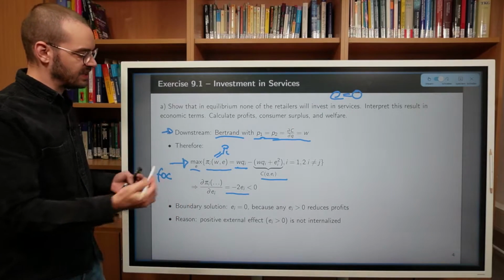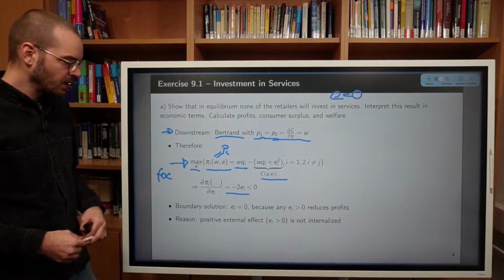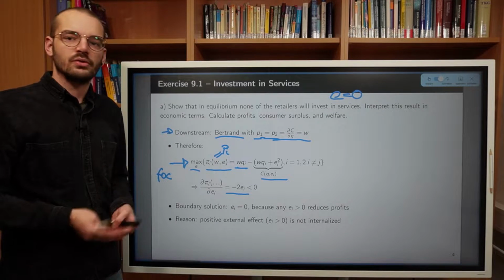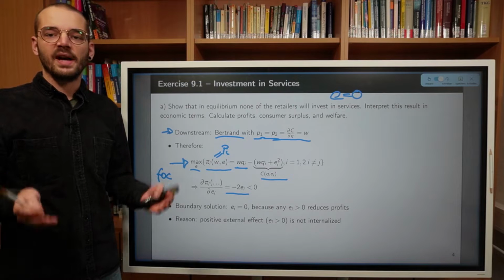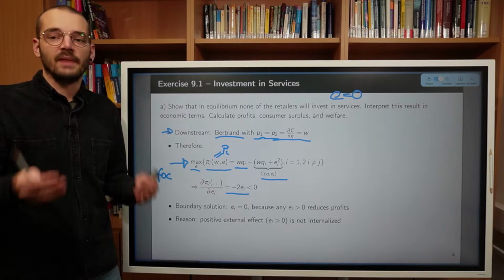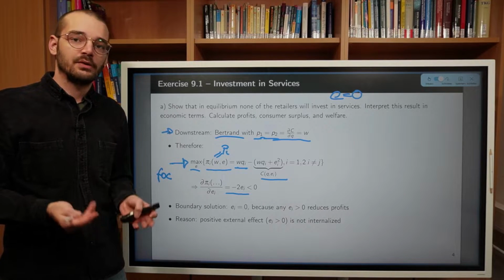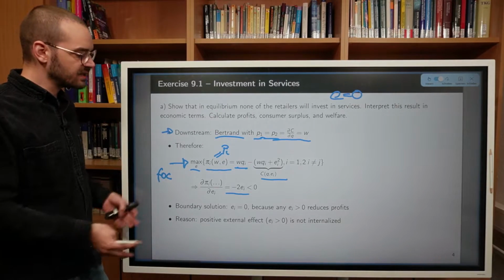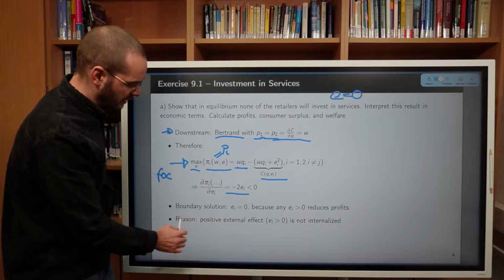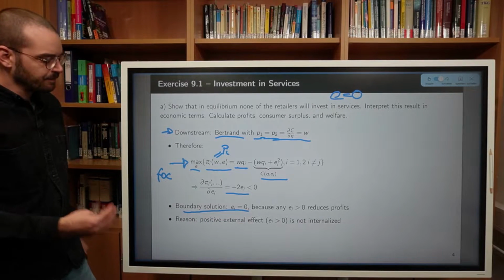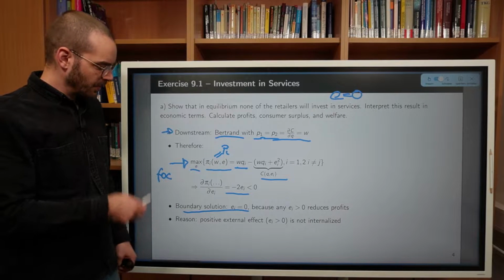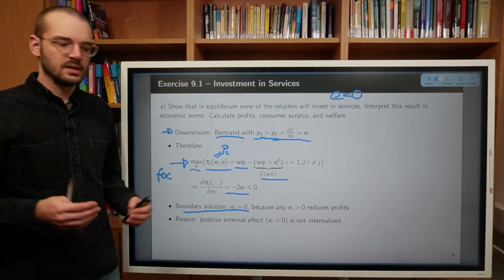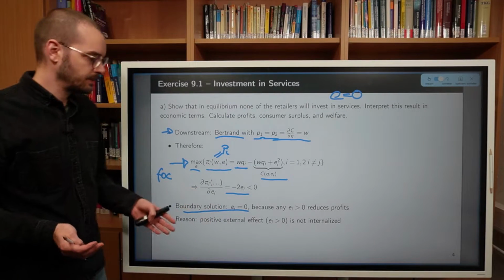Because this derivative is smaller than 0. Logically, profit maximizing would be to provide the least amount of services possible. And simply by logic of this exercise, we come to the result that in equilibrium the profit maximizing amount of E provided is 0, simply because you cannot provide a negative amount of services, of course.